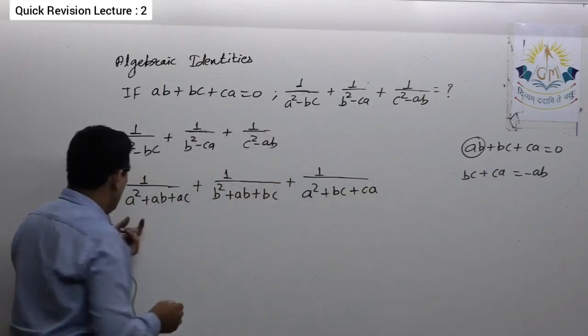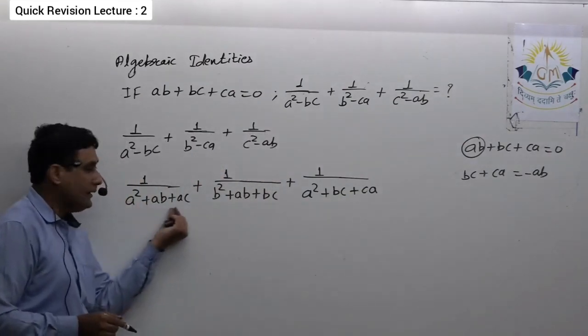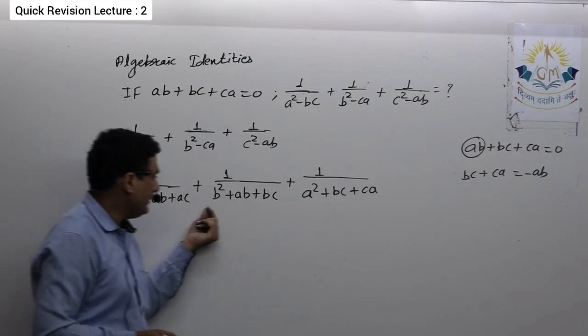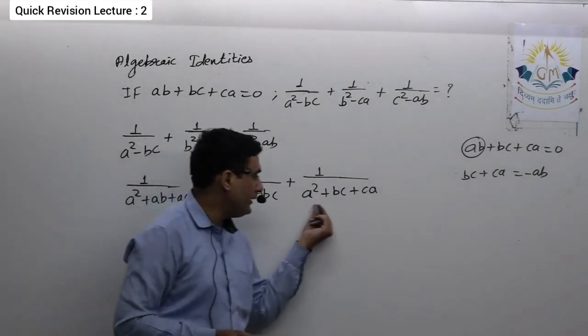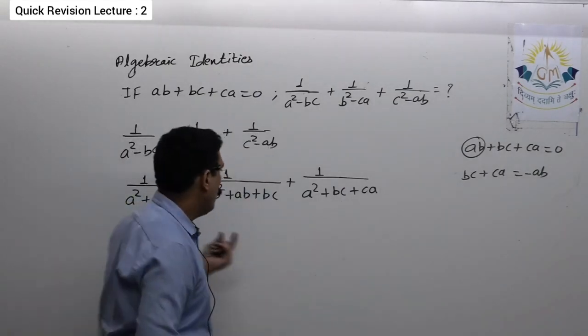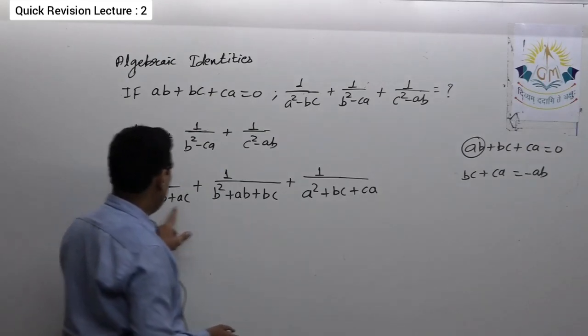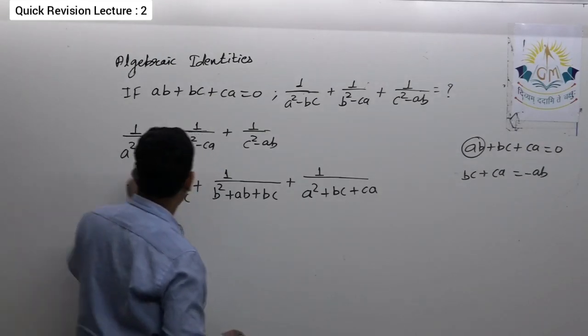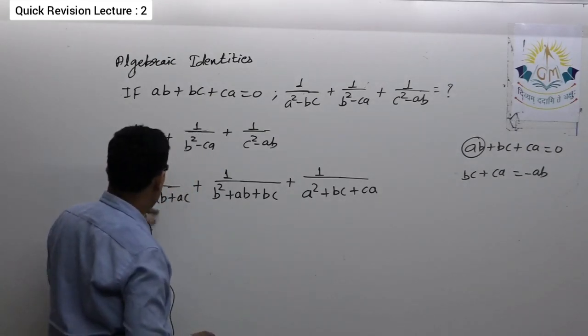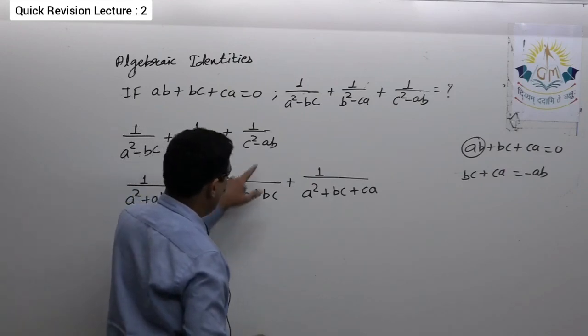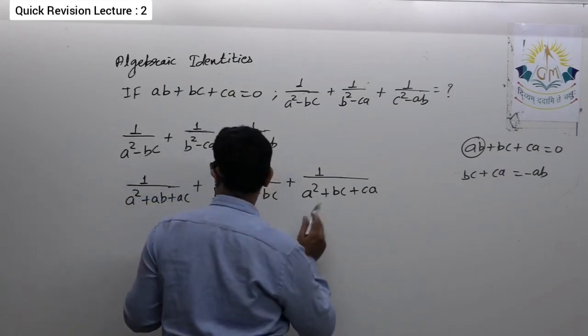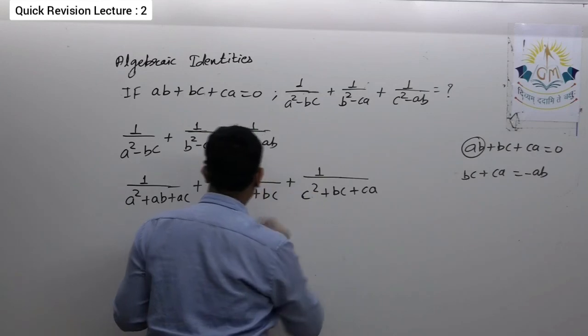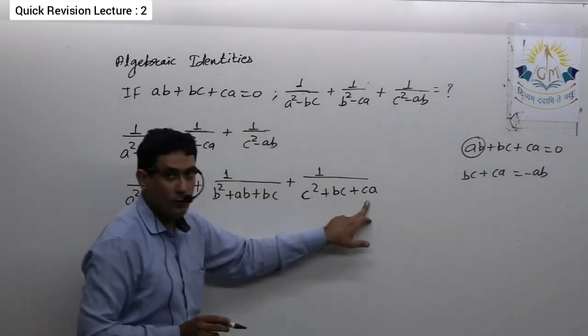Now you can see in the first three terms I have A common, in the next three I have B common, and here actually it is C square, so I have C common in these three.